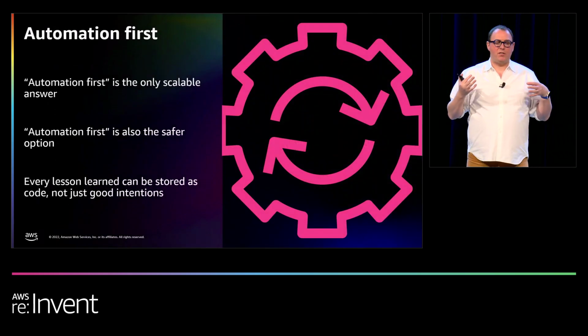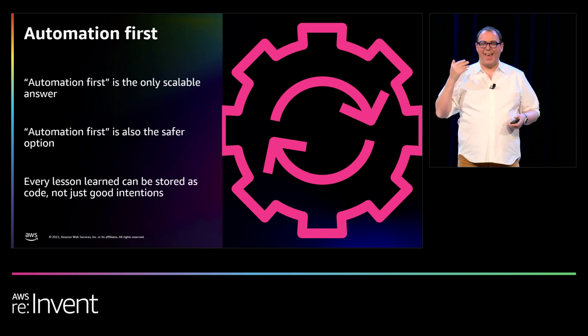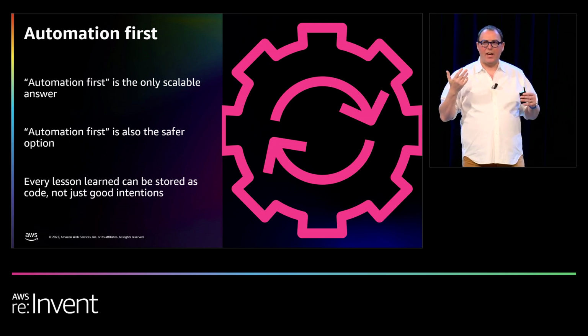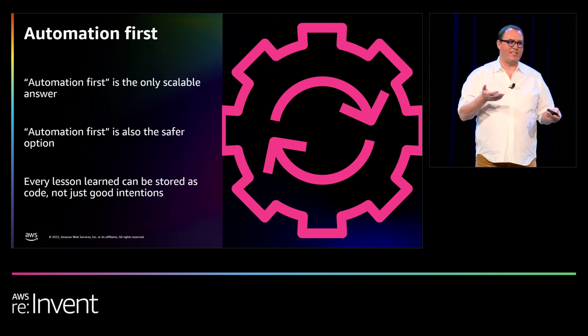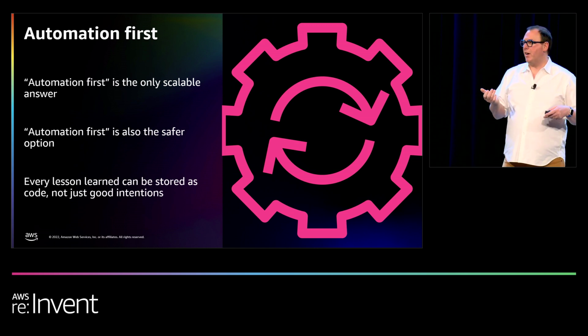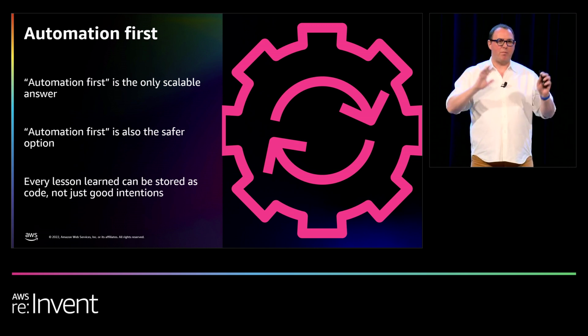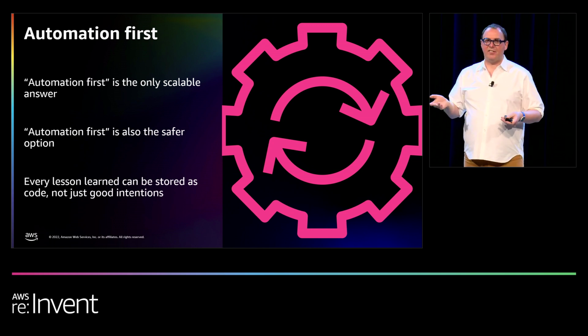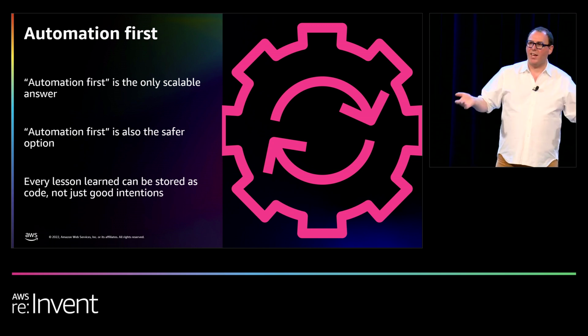And this automation-first approach just means every lesson we learn, right, can be fed back into code, which is the best place to put it, right? You have an outage, you have an incident, you learn the lessons you can. Well, one approach would be to go, well, we'll try harder next time, we won't make that mistake, let's tell everybody we know. That's a disaster. That's just good intentions. Teams change over time.